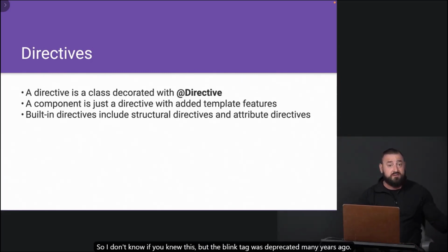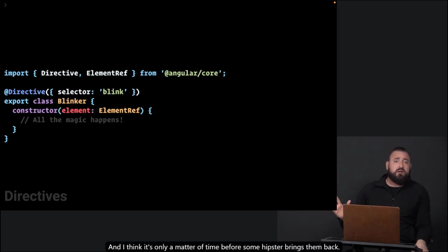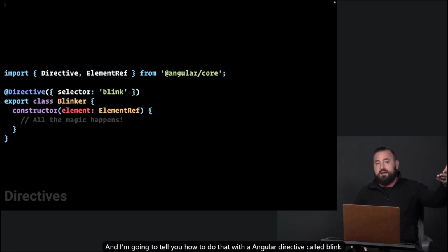So I don't know if you knew this, but the blink tag was deprecated many years ago, and I think it's a tragedy. And I think it's only a matter of time before some hipster brings it back, and I'm going to tell you how to do that with an Angular directive called blink.